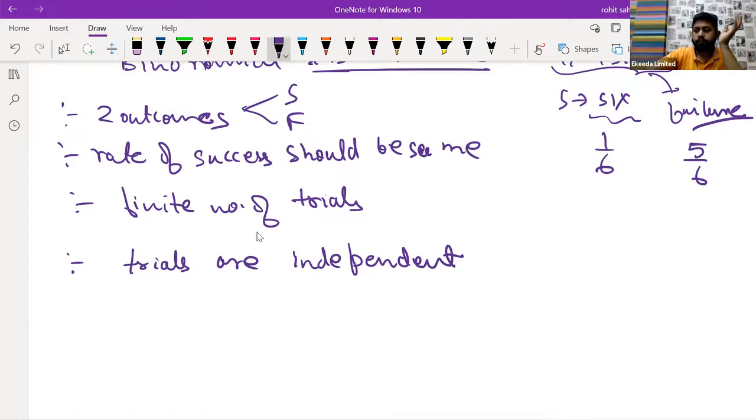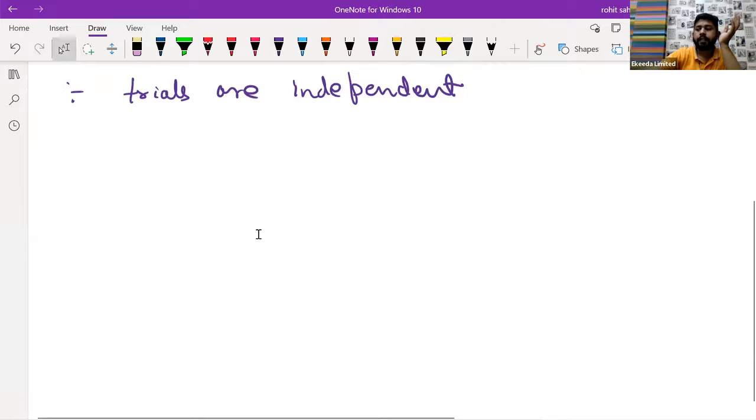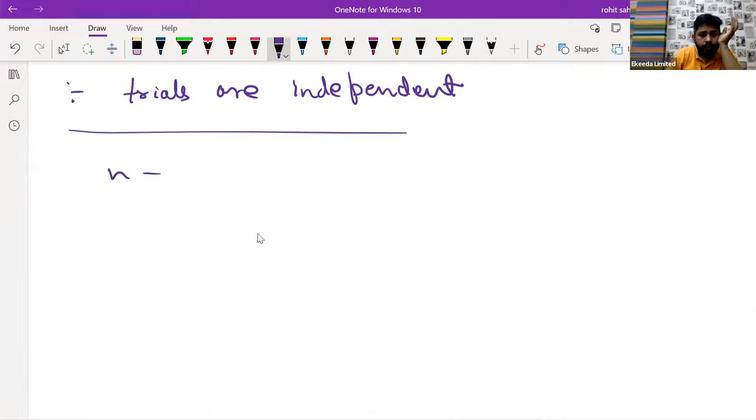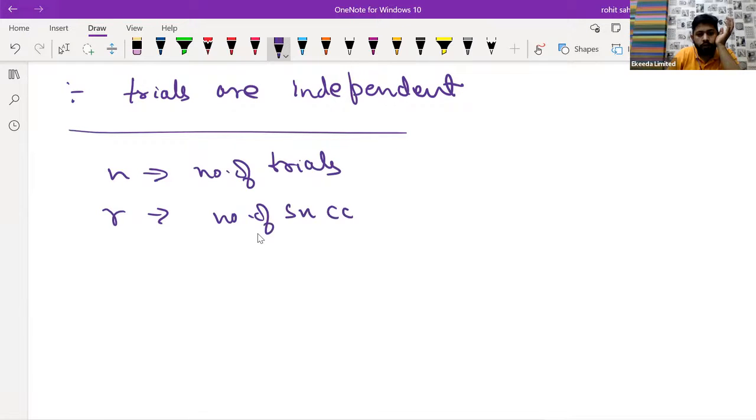If this is fine, the next thing is, let's say N is the number of trials, R is the number of successes you want, P is the rate of success, and Q is the rate of failure.